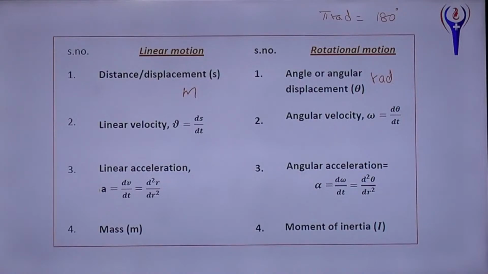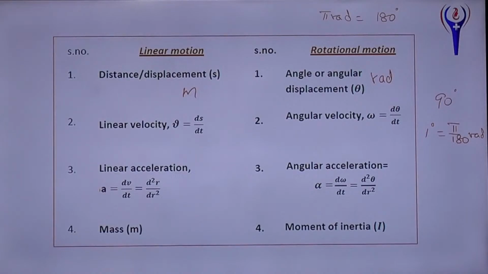For example, I will do one problem, 90 degree. Convert into radian. Pi radian equals 180 degree. Then 1 degree equals pi by 180 radian.